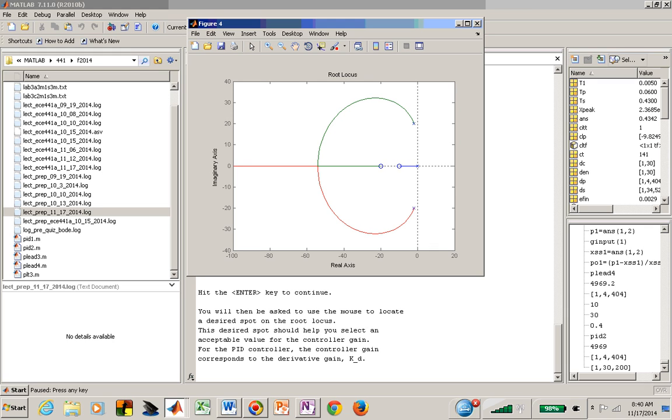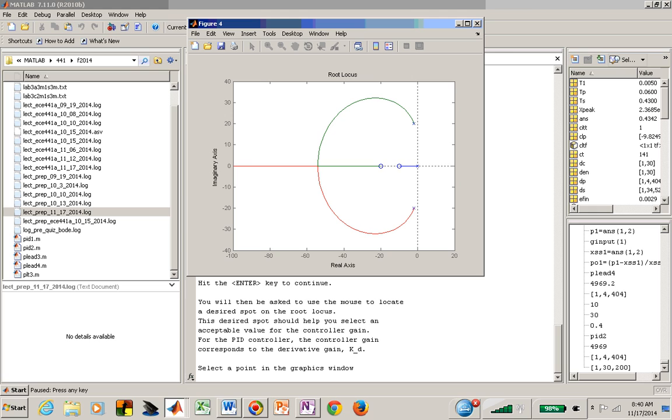Now, we can do the rlocfind command in Matlab, and it will ask for us to locate with the cursor or with the crosshairs the point that we want to select our gain at. And again, I have to hit enter to get it ready to do that command.